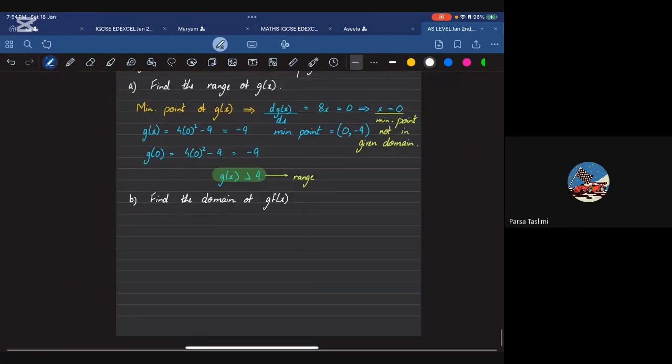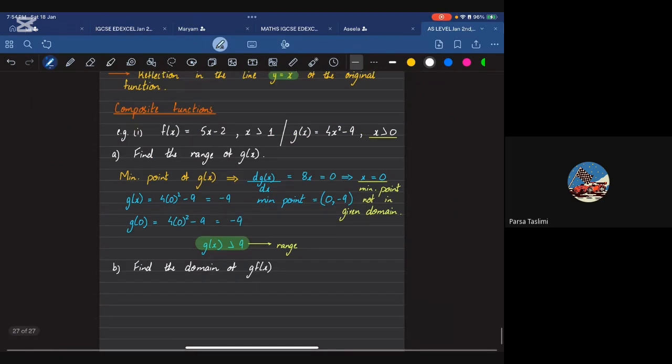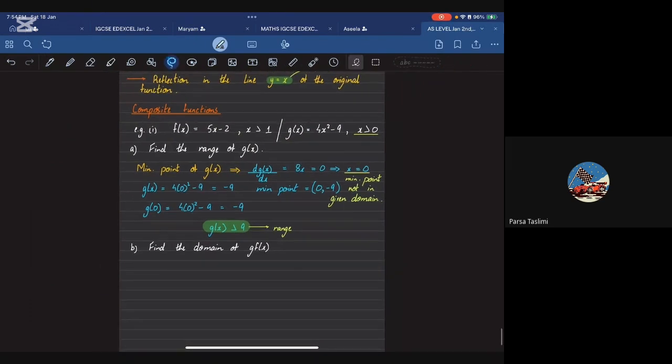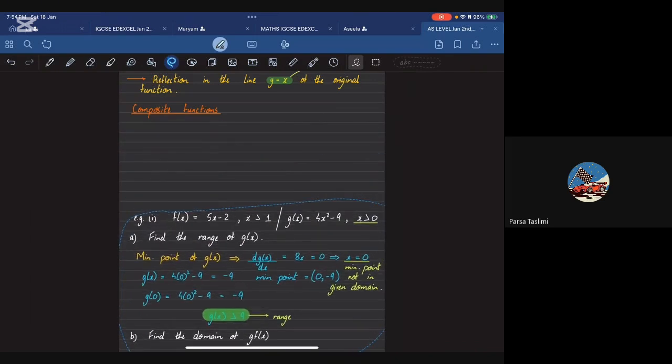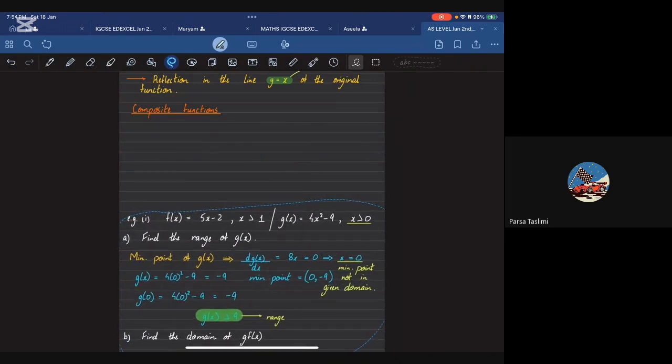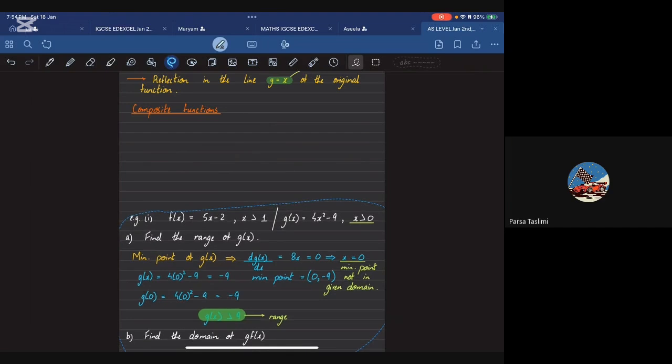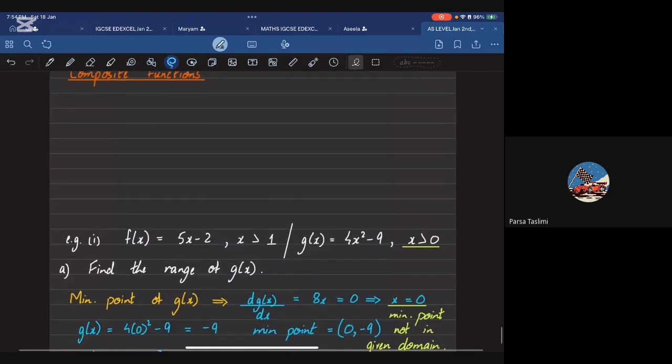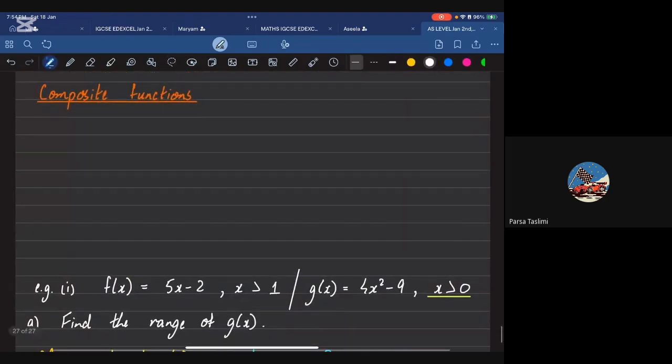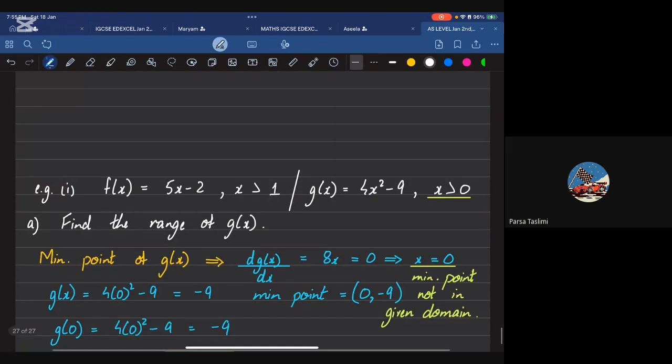But before we get to all of this, let's just scoot on over to find out actually what is g f of x. Now, for example, taking these two functions again.